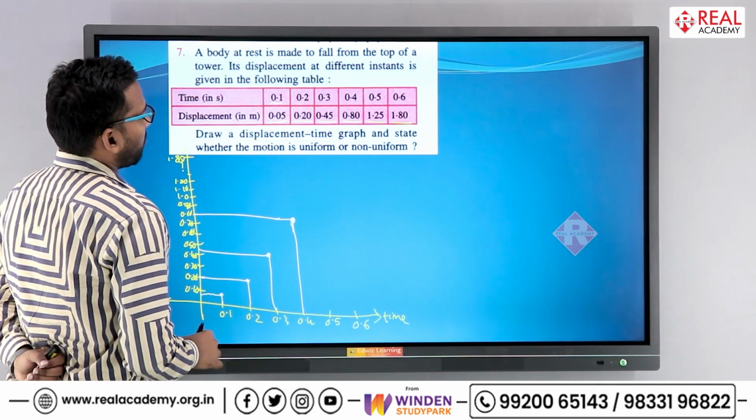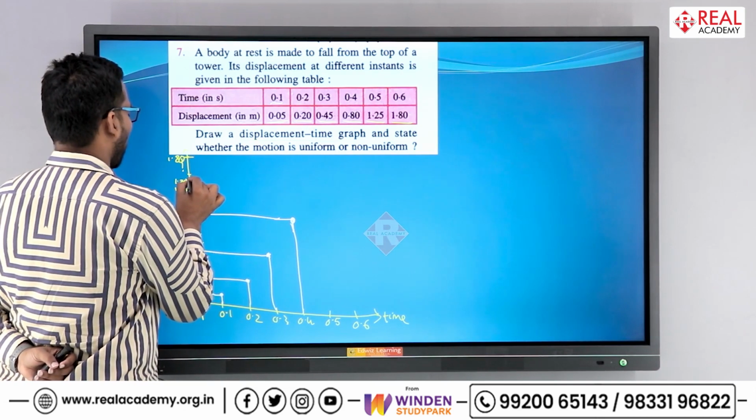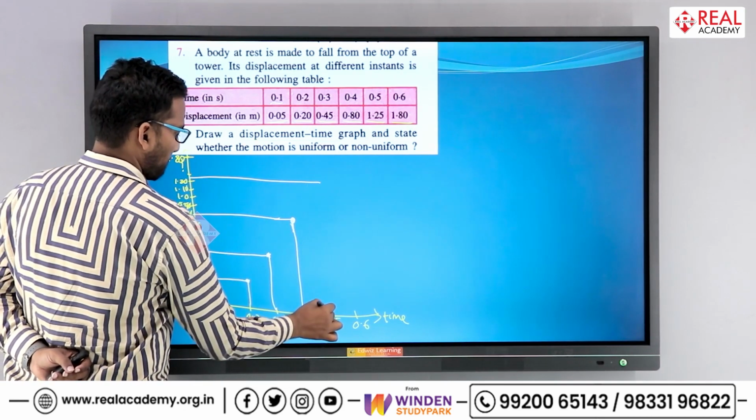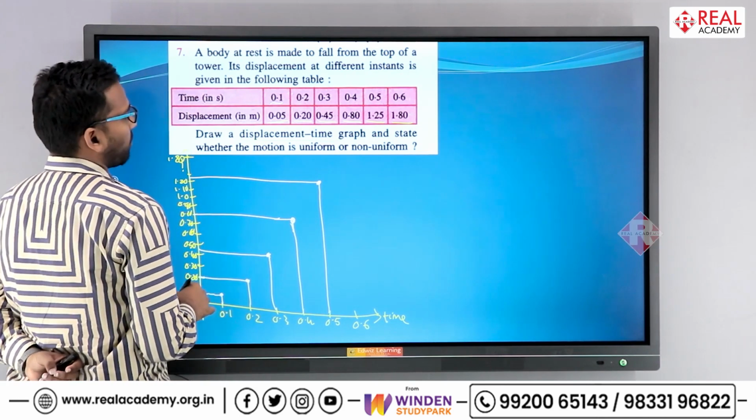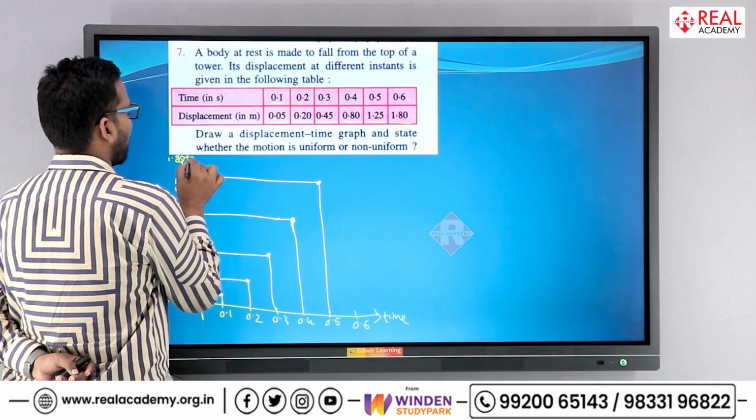For 0.5 seconds the displacement is 1.25. And for 0.6 seconds the displacement is 1.8.